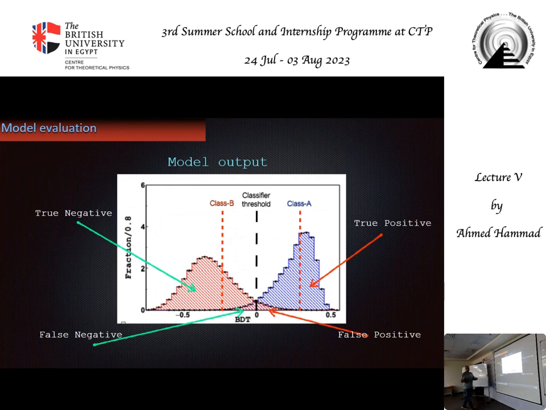It is a blue point, and the model classified it as a blue point. The bad thing is this intersection area over here. Those are the false negatives: those are blue points, but the model predicted them as red points. Here, the false positives: those are red points, but the model classified them as blue points. Give an example.